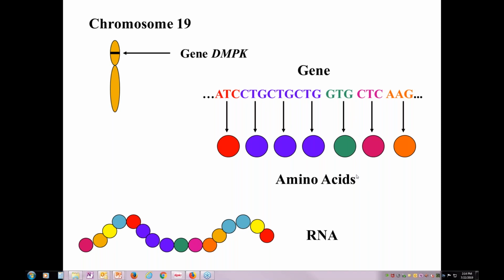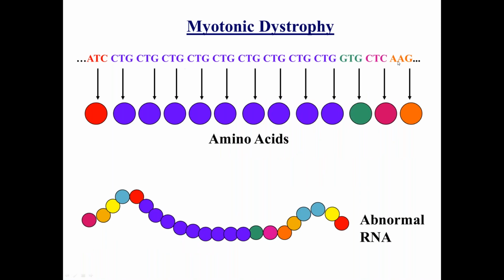Now, people who have myotonic dystrophy actually have more of these repeats than they're supposed to have. CTG, CTG, CTG. So there's more of them. So what that means is that when that DNA is getting processed, there's more of that specific type of amino acid that goes along with that particular genetic word.